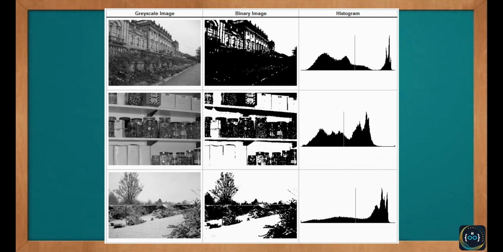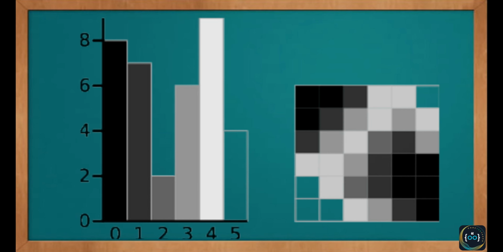In the histogram, you can see where the thresholds were set. Now, for Otsu to pick the threshold for us, it calculates variance. Let's take an example. Consider this image matrix, and this is the histogram distribution.